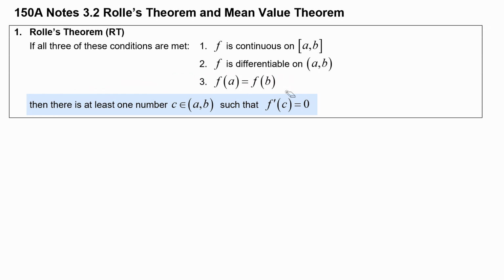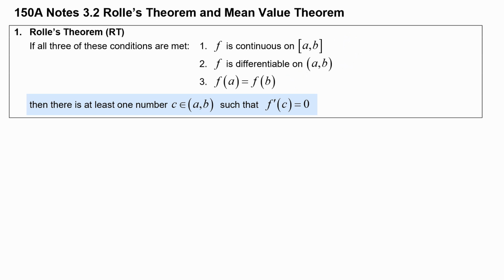Then there is at least one number, c, which is contained in the open interval a, b, such that f prime of c will equal 0. So before we can make this conclusion, we must first satisfy all three of these conditions.